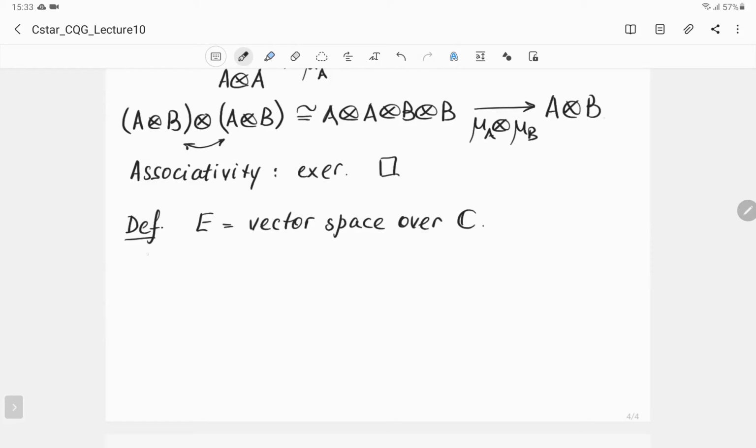We define the conjugate space of E to be the vector space EC, defined as follows.